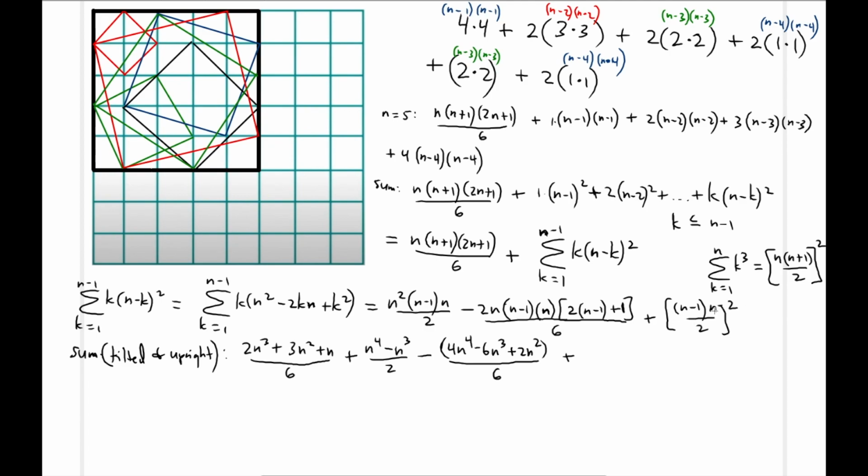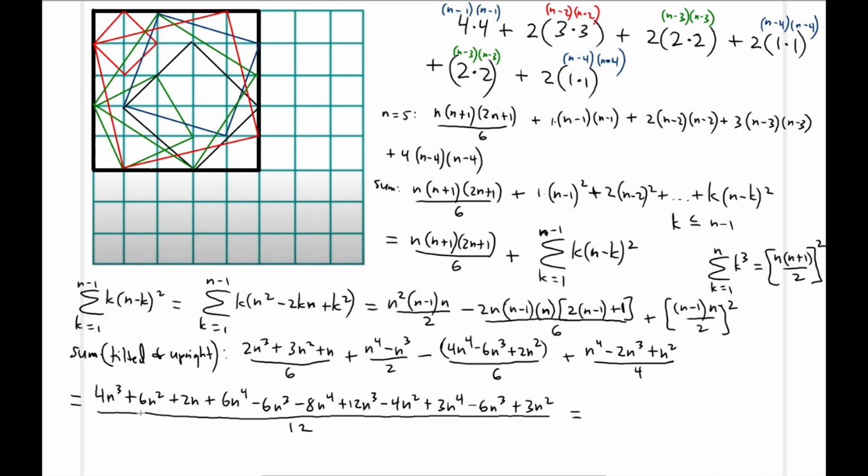Don't forget that it's going to be squared. The least common denominator should be 12. So we're going to multiply all of these terms by 2, all of these terms by 6, all of these terms by 2, and then all of these terms by 3 in order to have a 12 there, right? So we have to have 12 on the bottoms of all of these fractions. All right, so if you combine the like terms, get rid of the terms you don't need as a result of that, it's going to be just 4 terms on the top.